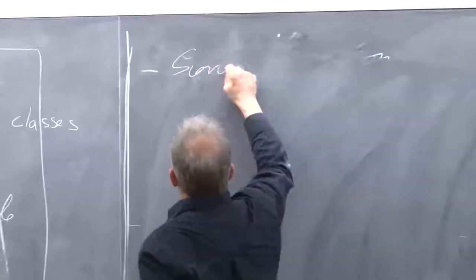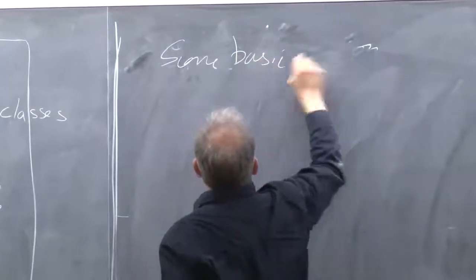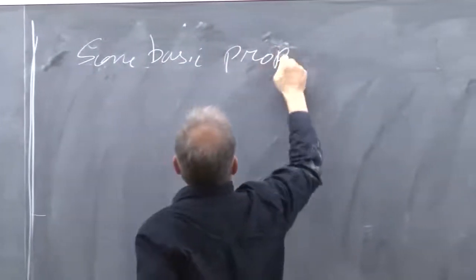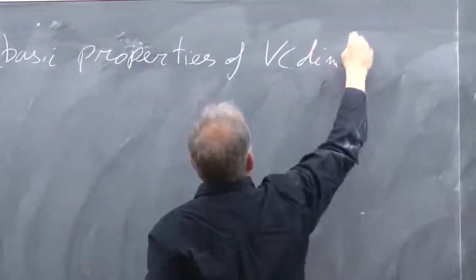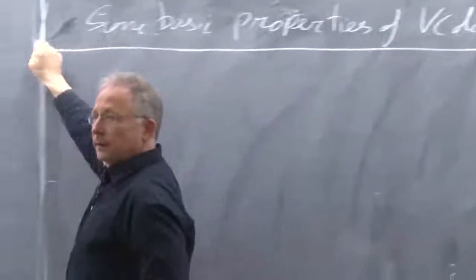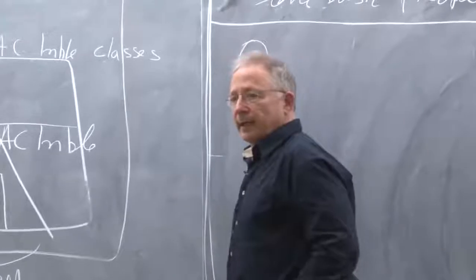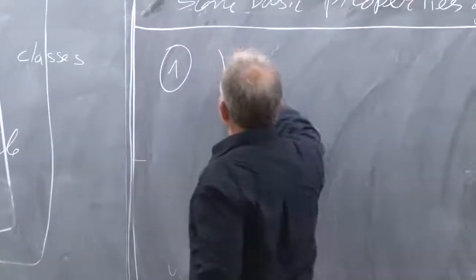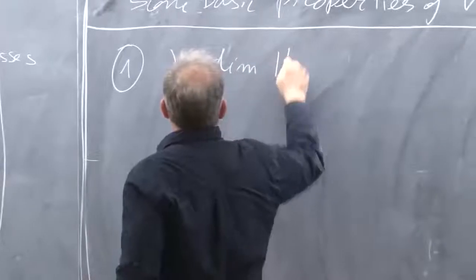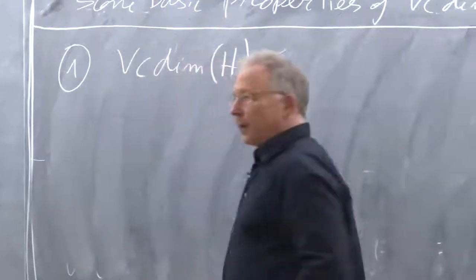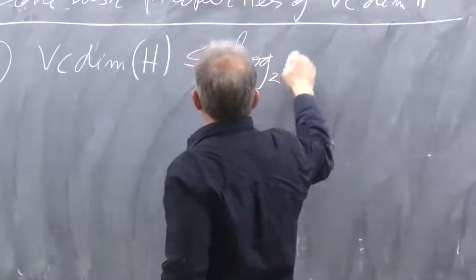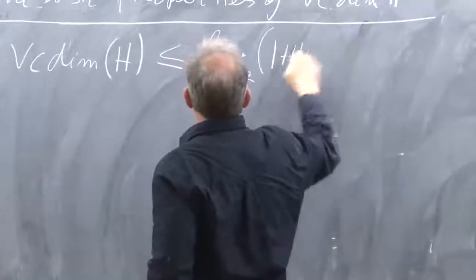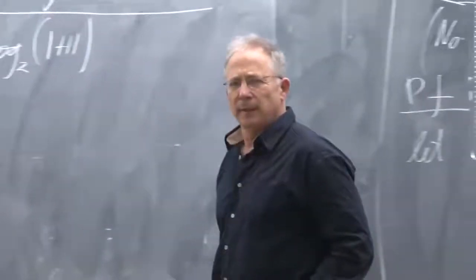Some basic properties of the VC dimension of H. Property 1 is that the VC dimension of H is always less than log on base 2 of the size of H. In other words, I can rewrite it.